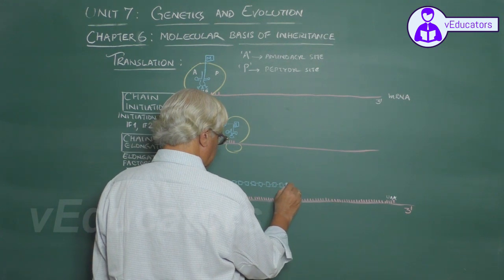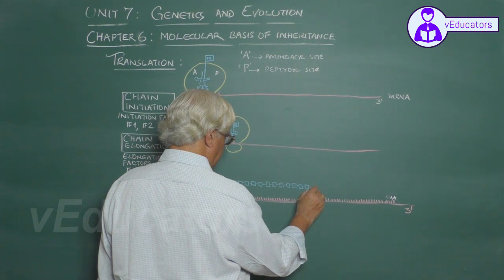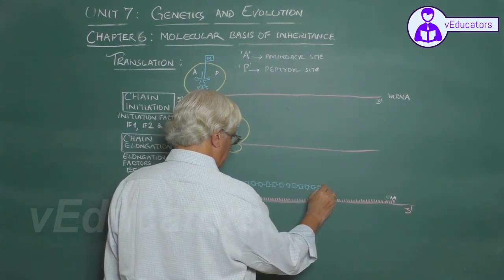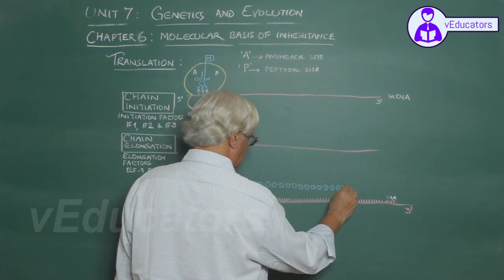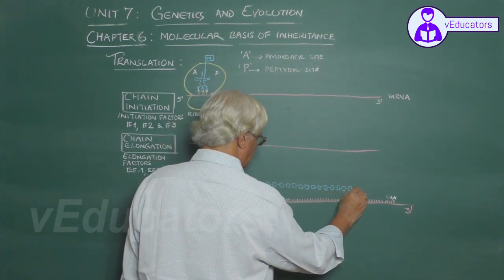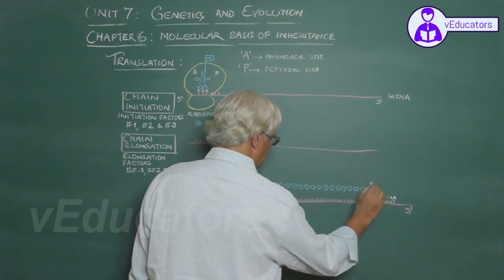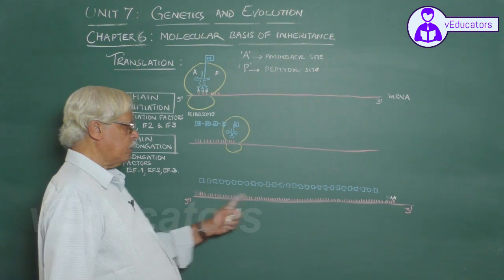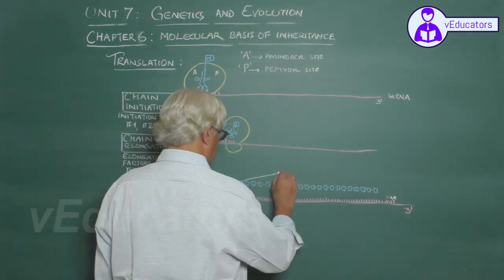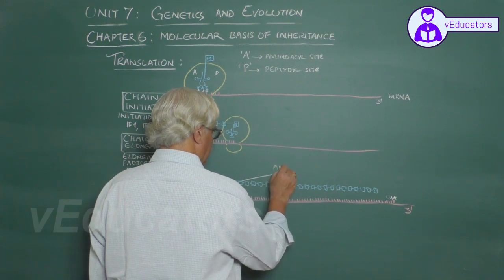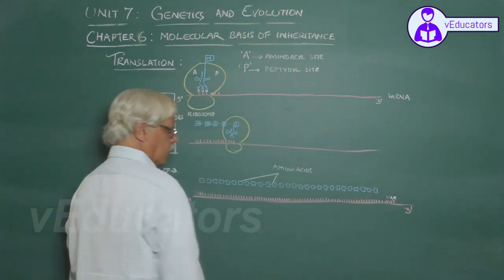All these amino acids have been attached to one another by a peptide bond, resulting in the formation of a polypeptide. So this is the polypeptide consisting of amino acids.